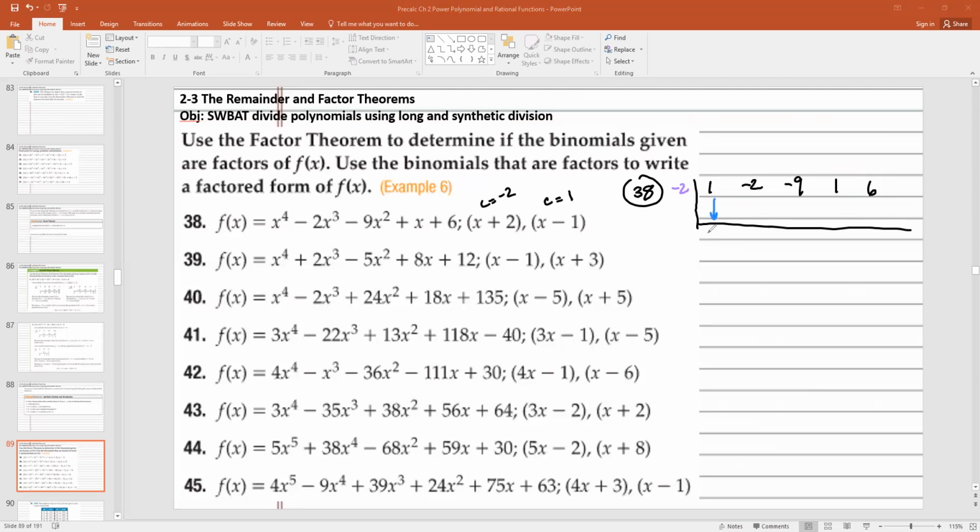Let's bring down that first one. And it's multiplying. 1 times negative 2 is going to give us negative 2. Add those together. We get negative 4. Multiplying. Negative 4 times negative 2 is positive 8. Add those two together. You get negative 1.